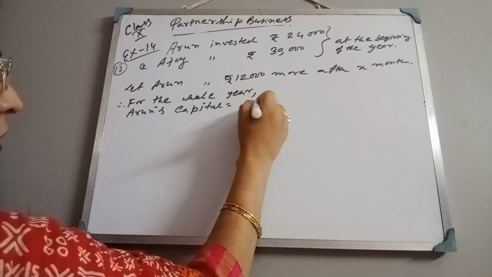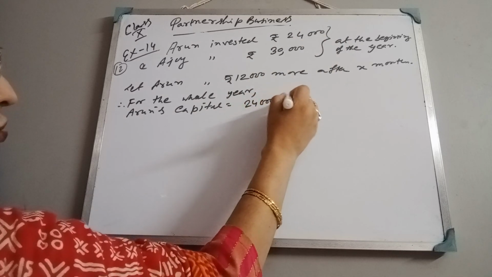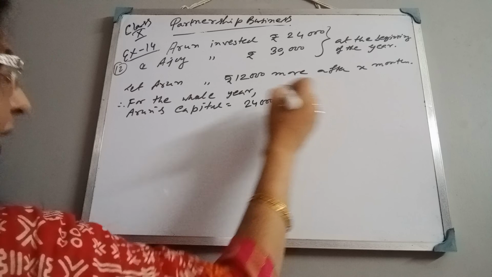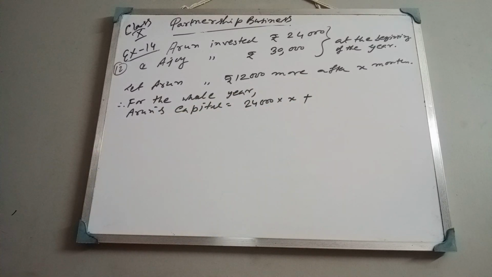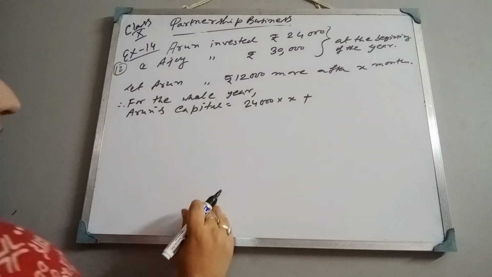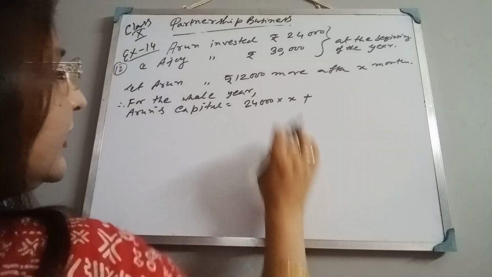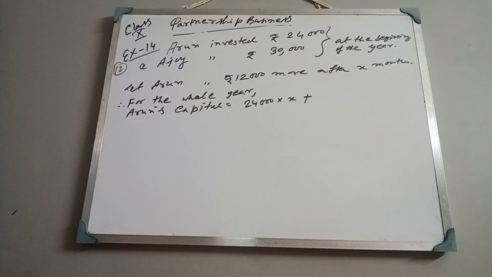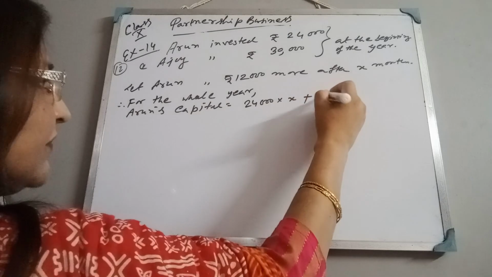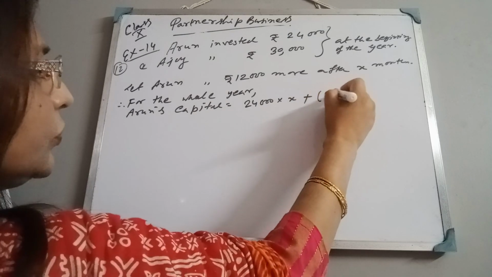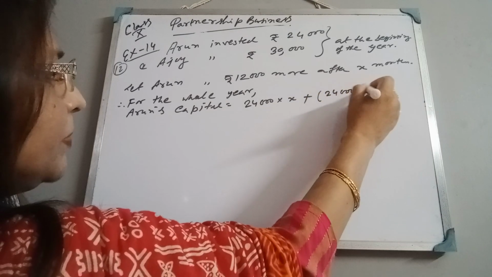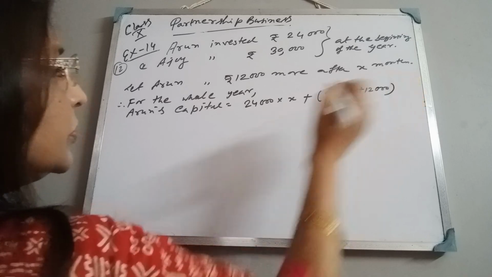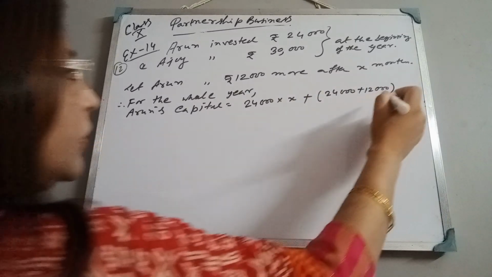So what we will write? 24,000 into X, plus, and the remaining months means 12 minus X, as 12 months are there in a year. And he invested rupees 12,000 more, so now 24,000 plus 12,000 will be continued for 12 minus X months.